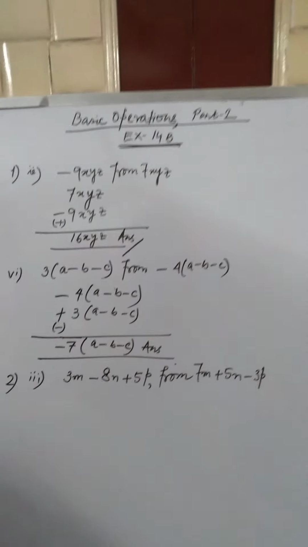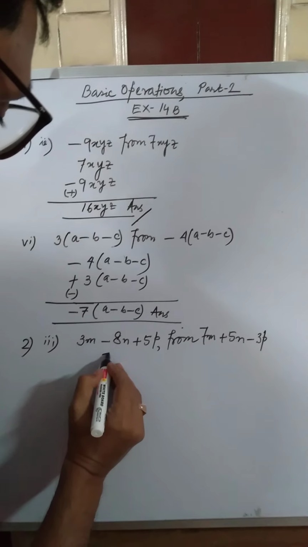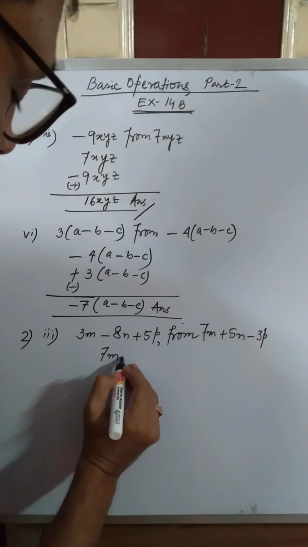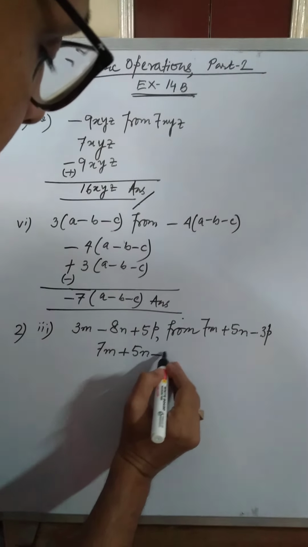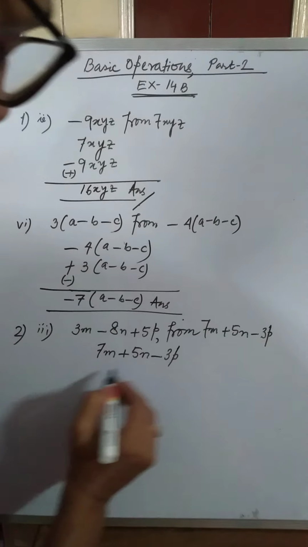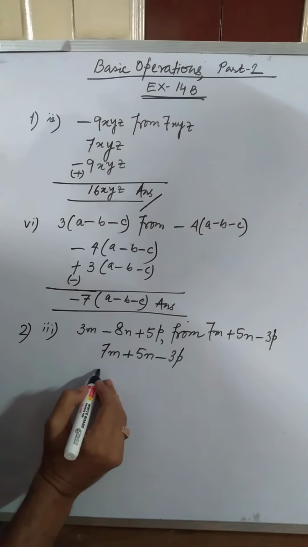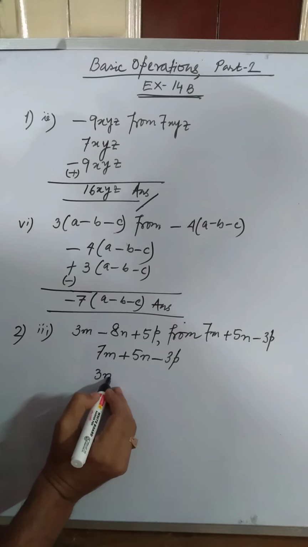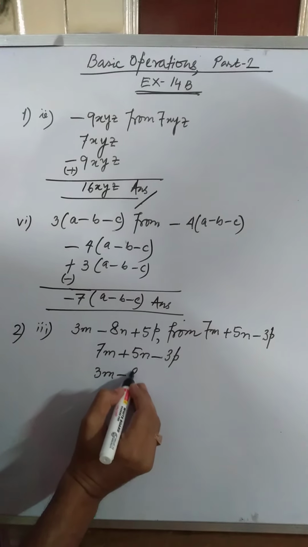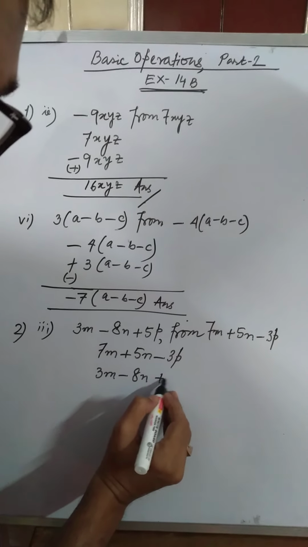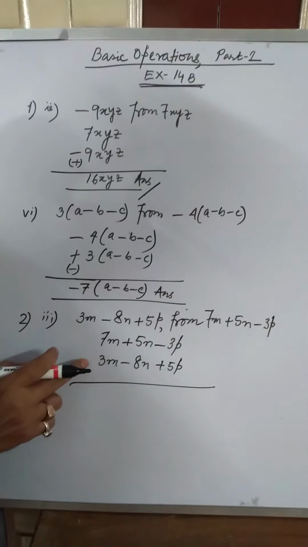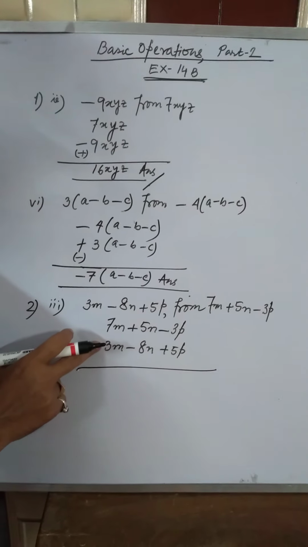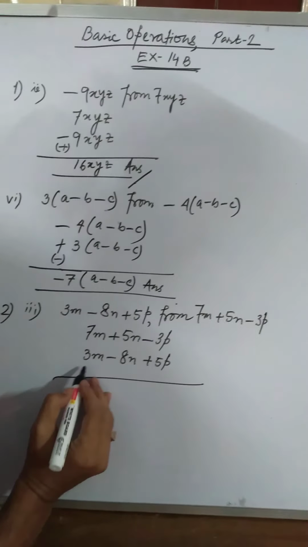Okay. So write it down first: 7m plus 5n minus 3p. Write down the like terms in this way: 3m minus 8n plus 5p. Now change the sign. No sign is there, that means you have to consider a plus sign is there.